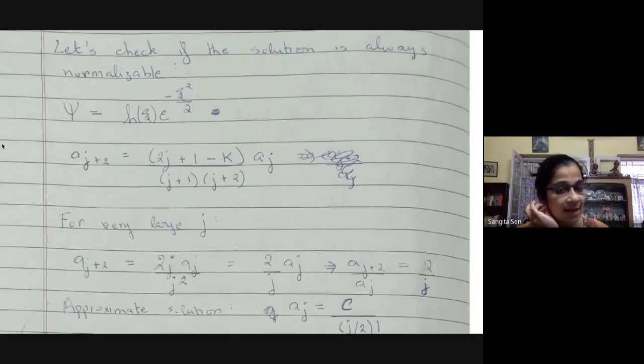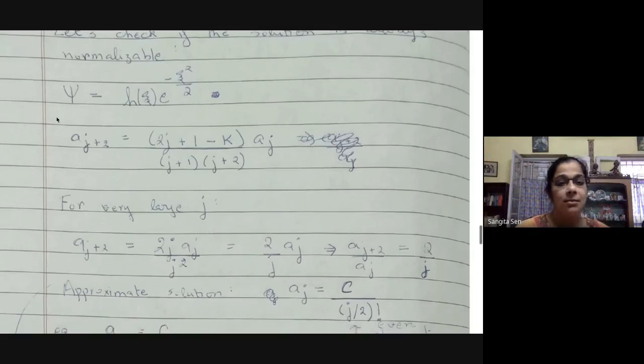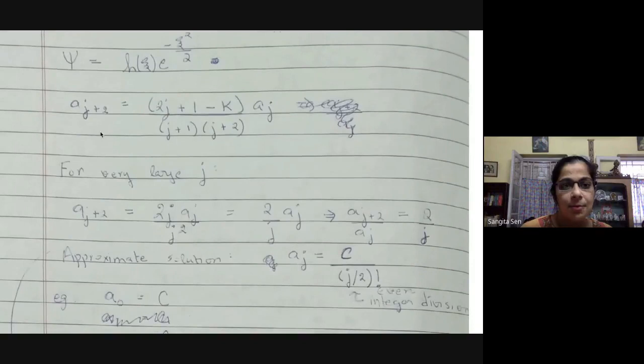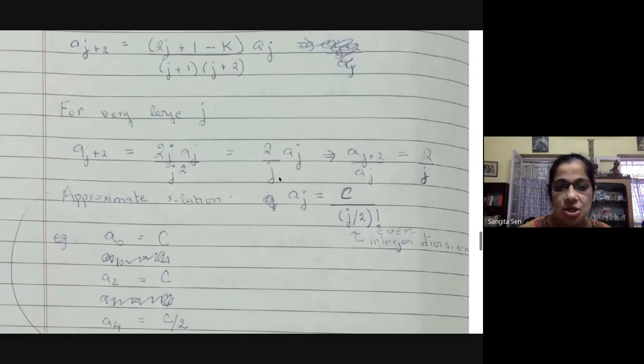If we have very high powers of j in my expansion for H(xi), then my recursion relation can be simplified a little bit more, and the energy dependence can be got rid of. You get 2j a_j by j squared. So I have ignored 1, 2 and 1 minus k, and that gives me 2 by j times a_j. So the ratio of the next coefficient and the one before is then 2 by j.